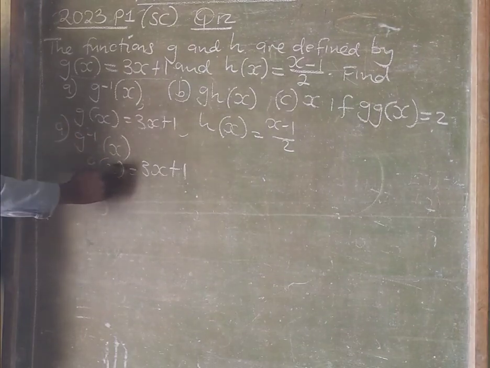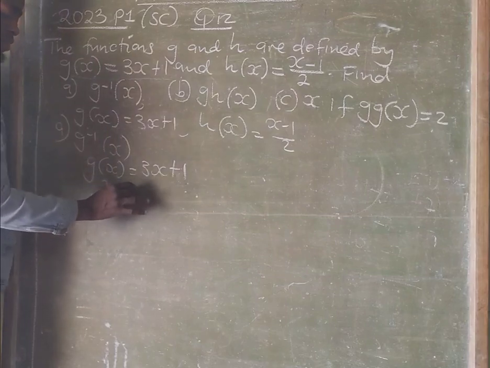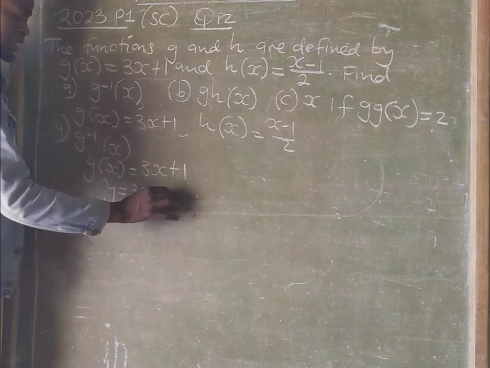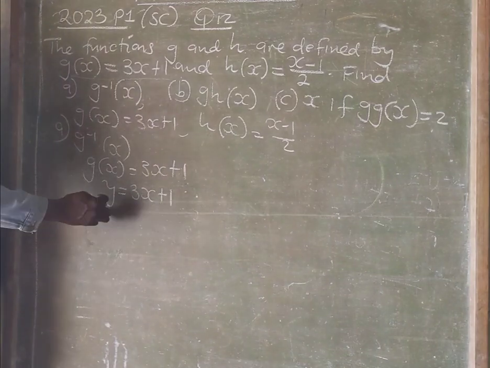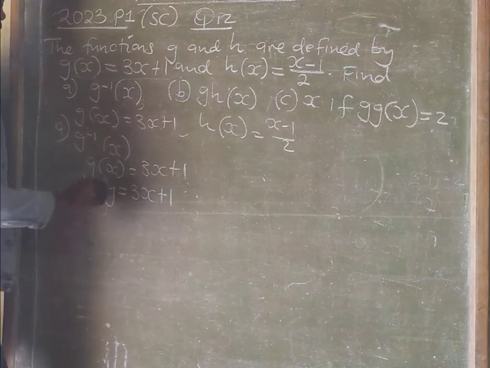So we have y equal to 3x plus 1. This is the equating we're talking about. Step 2, you make x the subject of the formula.